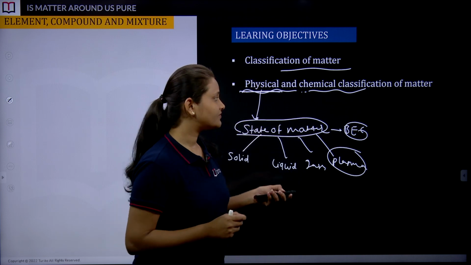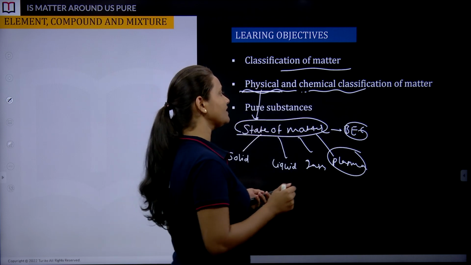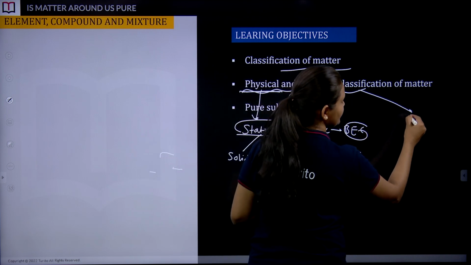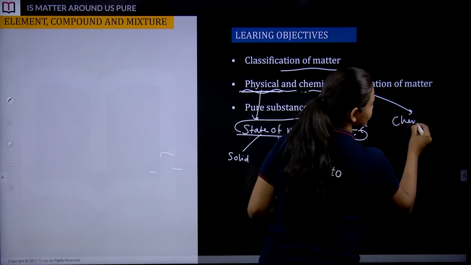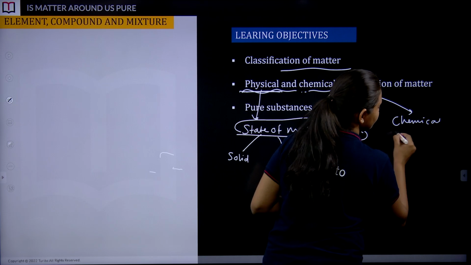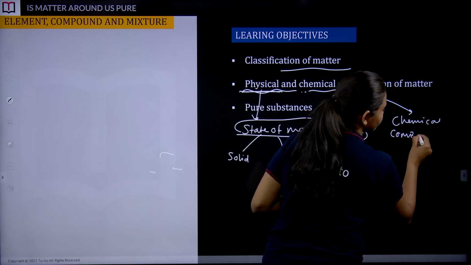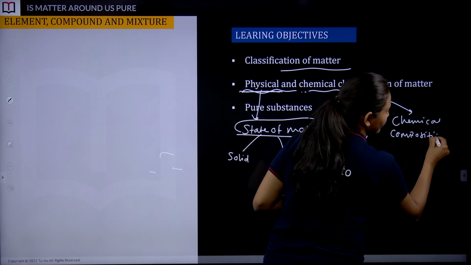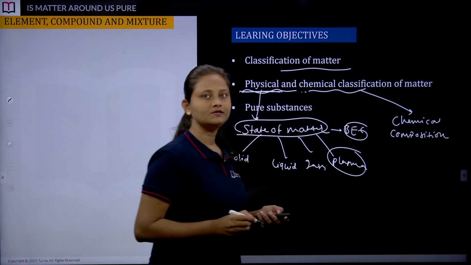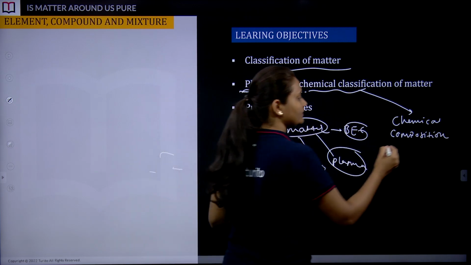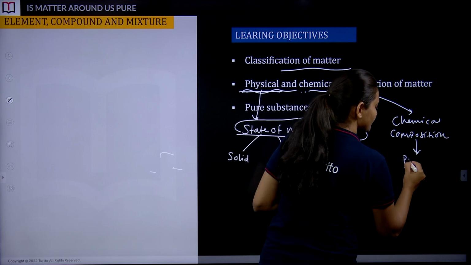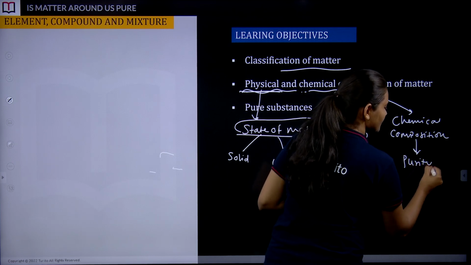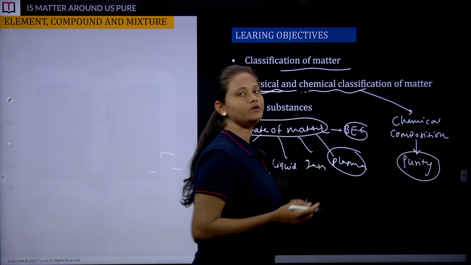Students, we have studied about the chemical classification, which is based on the chemical composition of matter. In that we talked about purity of matter. So what do you mean by purity?